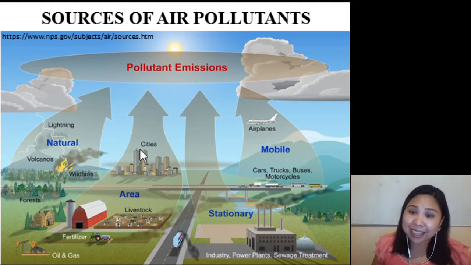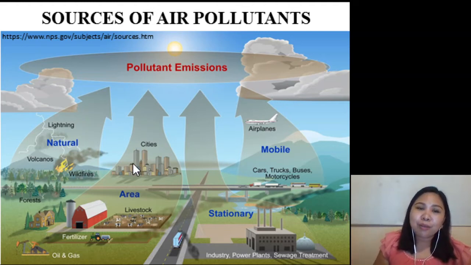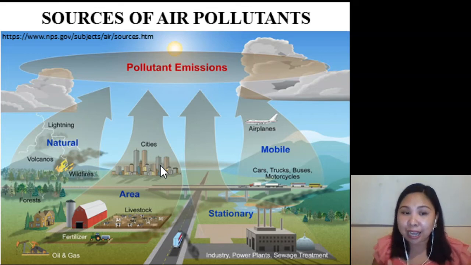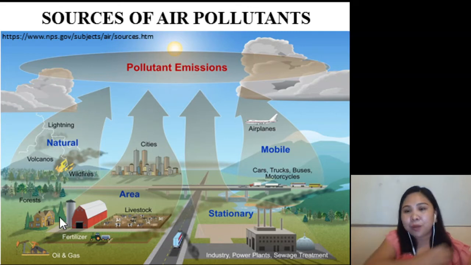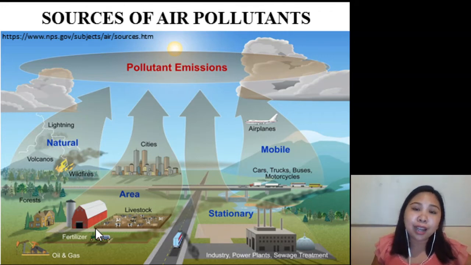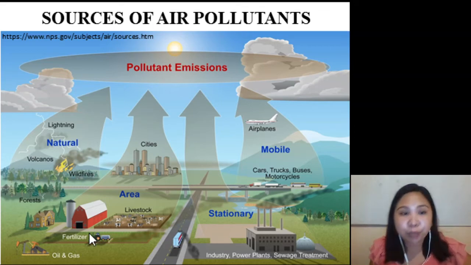Examples of area sources are cities. Since they are highly urbanized and very developed, cities release different pollutants. Another area source is livestock, the raising of cows and other animals, which release air pollutants.